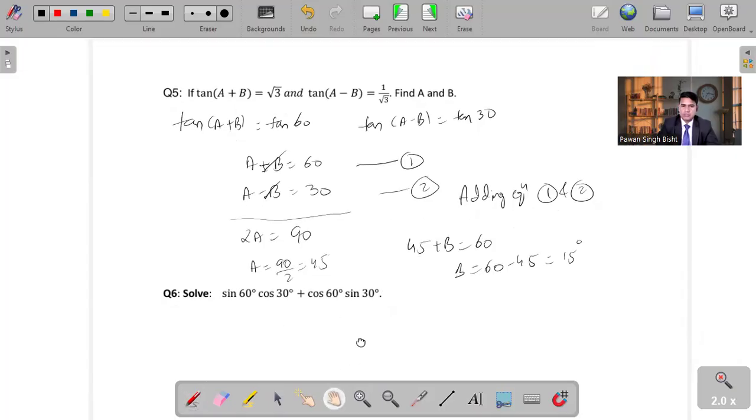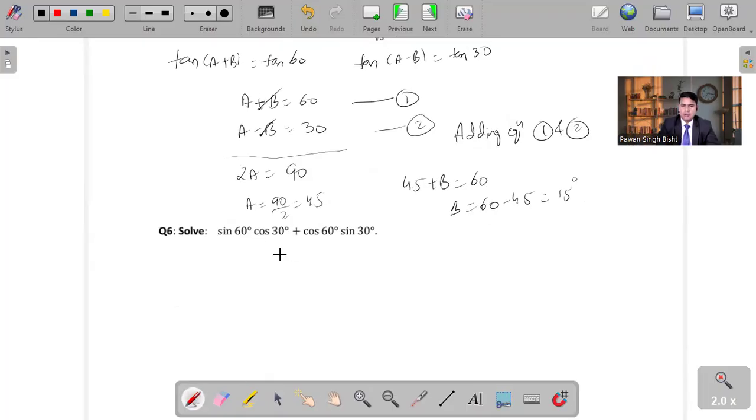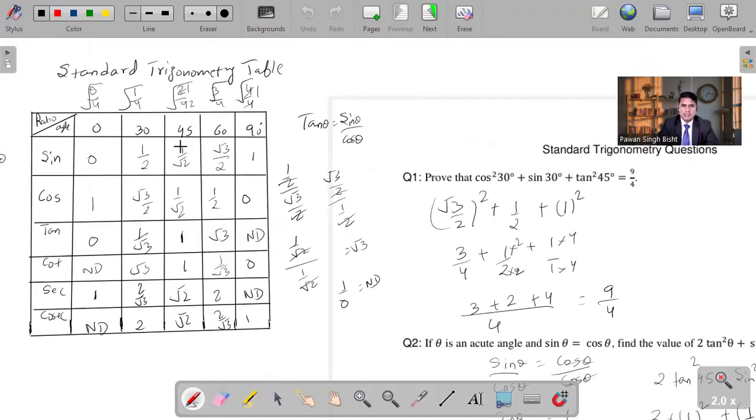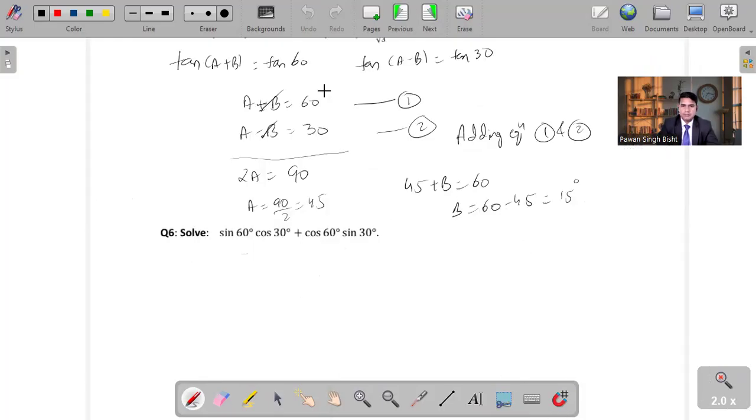Now the next question is question number 6. Sine 60, cos 30, cos 60, sine 30, right? So again, you see the table. Sine 60 is root 3 by 2, cos 30 is root 3 by 2, sine 30 is 1 by 2 and cos 60 is 1 by 2. So I will use it in my expression.